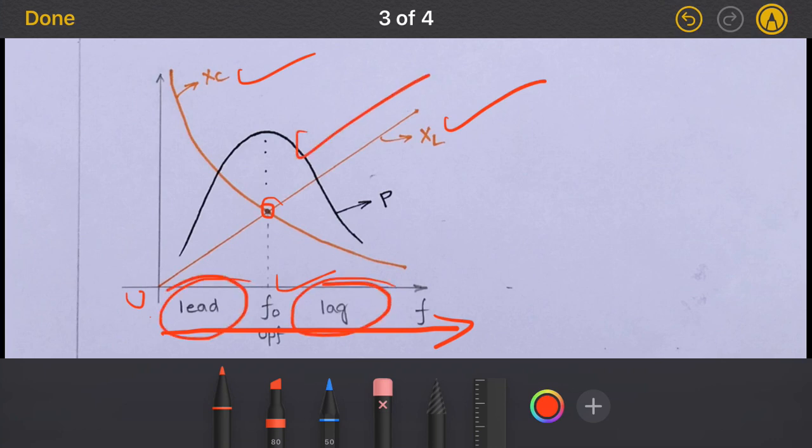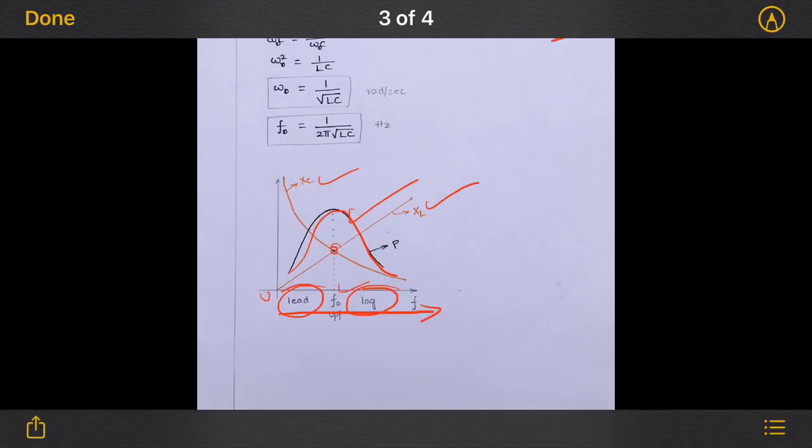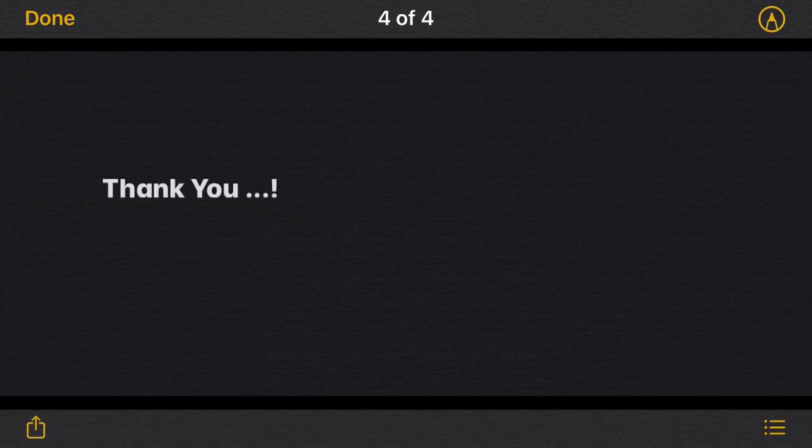And this waveform is active power delivered to the RLC circuit. So this is about resonance, and in our next lectures we'll see what is bandwidth and quality factor. Thank you.